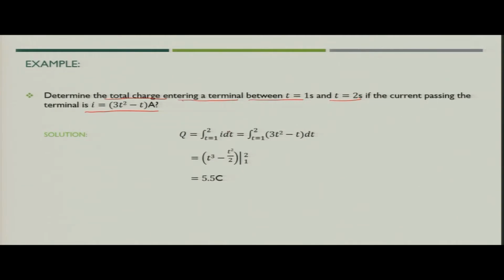You simply integrate the current between t equals 1 and t equals 2. Putting i as 3t² minus t, multiplied by dt, and solving, you will get the amount of charge entering the terminal between 1 second and 2 seconds, and that is 5.5 coulomb in this particular case.